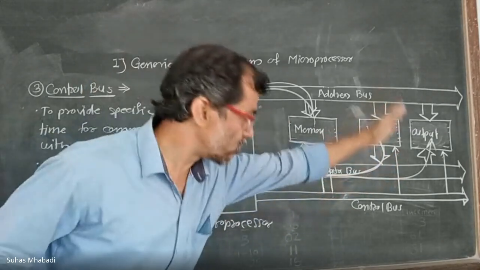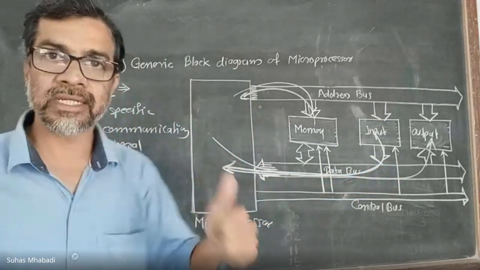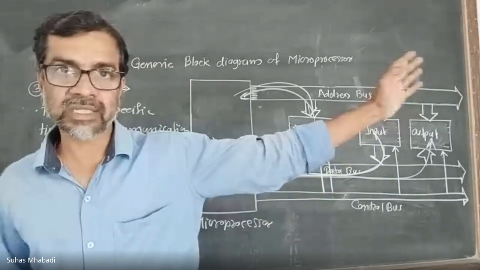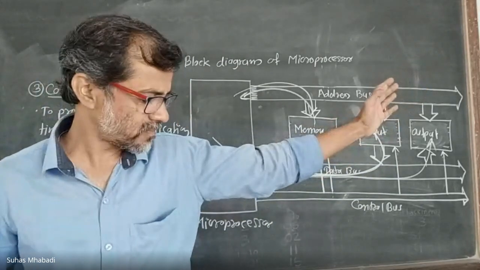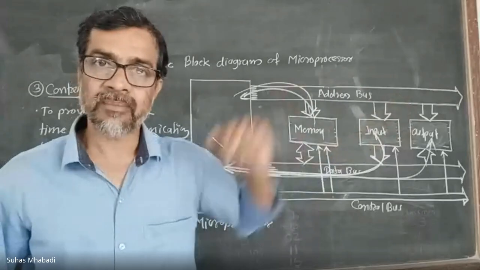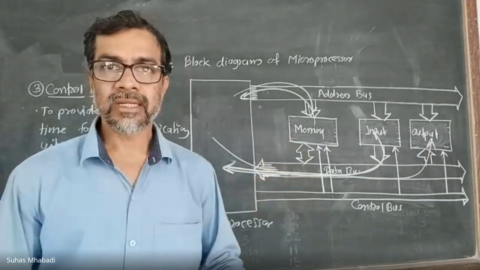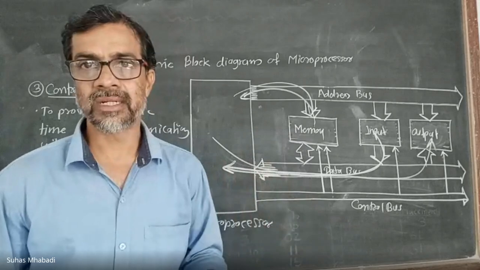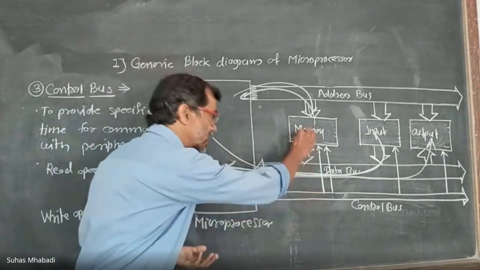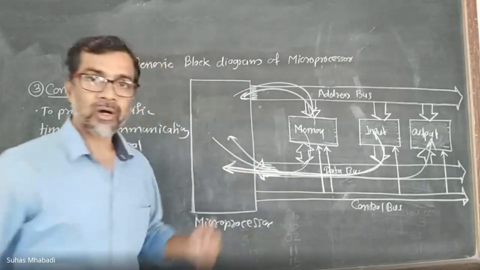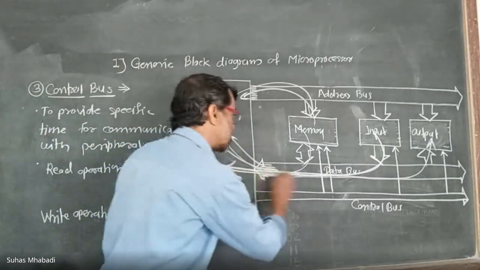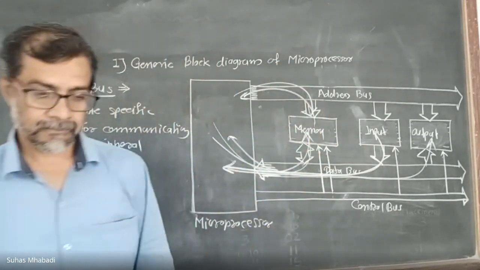But if the flow is towards the processor, it is a read process. If the flow is towards the peripheral device, it's a write operation. With memory, both things are possible. From memory, we can read the contents, or the contents can be written to the memory.